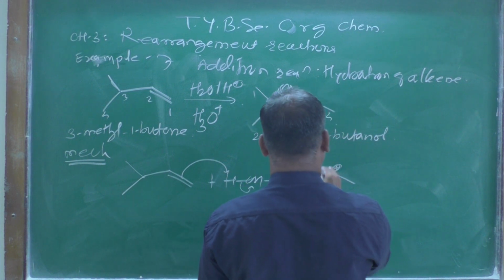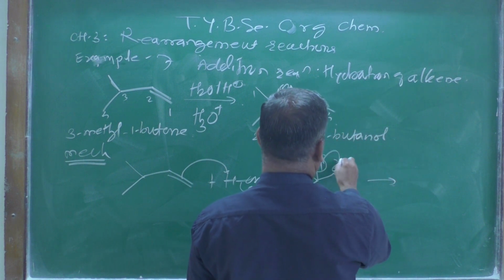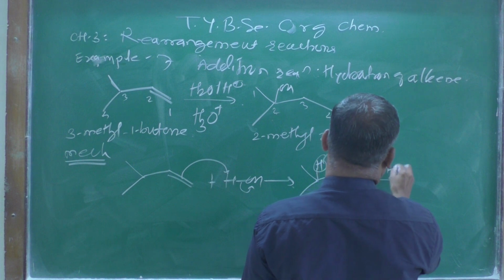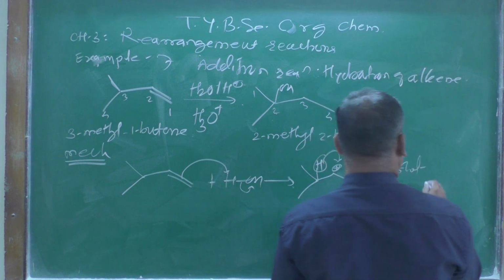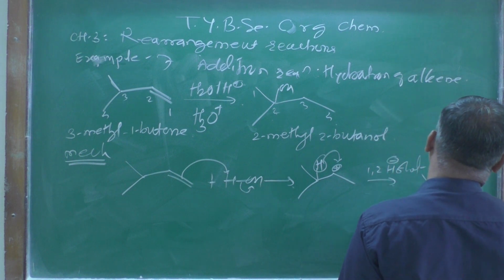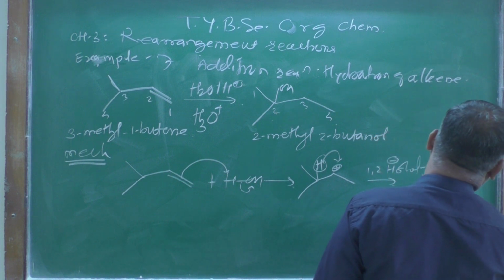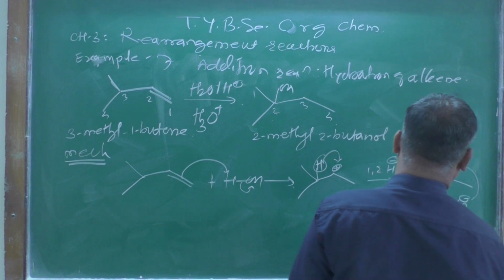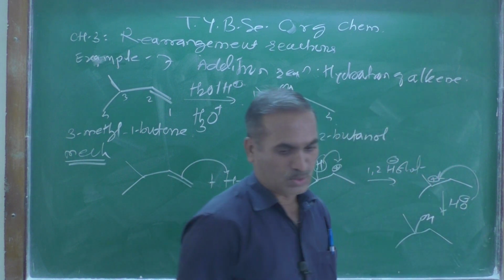Now the hydrogen atom which is present over there shifts, there is a 1,2 hydride shift. After shifting that, we are getting this positive charge over there, and after this OH minus is going to attack over there, and you are going to get the tertiary alcohol like this.